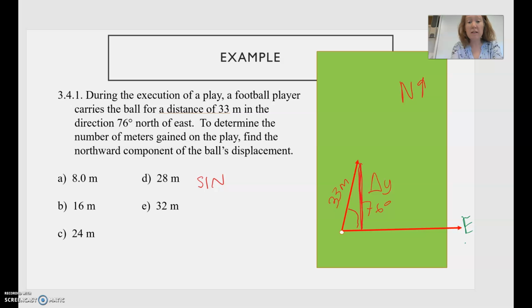So I'm going to do sine of 76 degrees equals delta y over hypotenuse, which is 33 meters. Make sure your calculator is in degrees, since they gave me an angle in degrees, and then I'm multiplying both sides by 33. 33 multiplied by sine 76, I get 32. Is that a surprise to you? Think about it. That does look like it's mostly in the northern direction, right? Because that angle is so close to 90. So that amount should make sense.